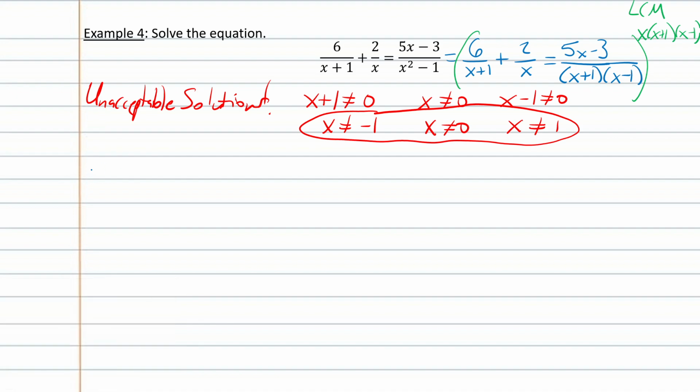Okay, I'm going to write the whole thing out. We're going to do x times x plus 1 times x minus 1 times 6 all over x plus 1. And then we're going to do x times x plus 1 times x minus 1 times 2 all over x.